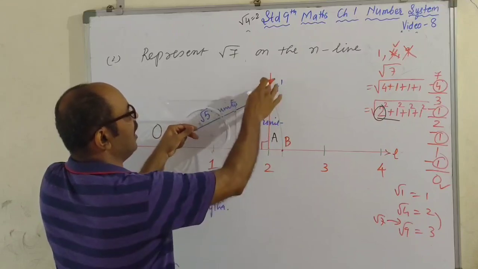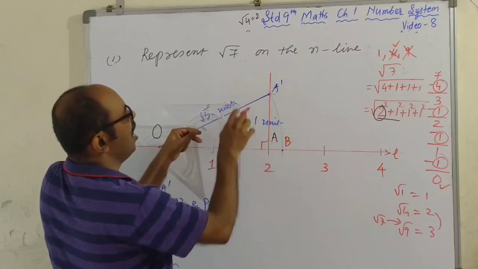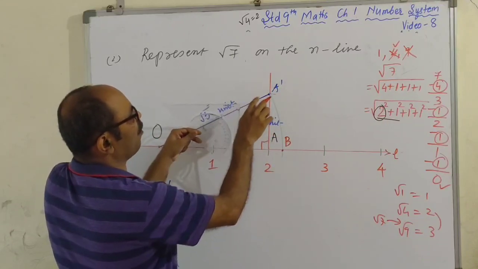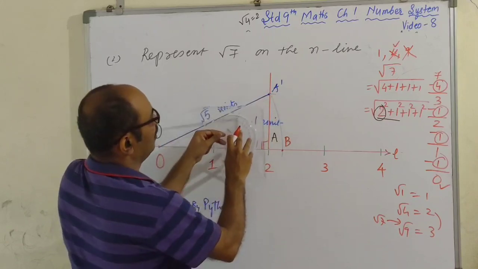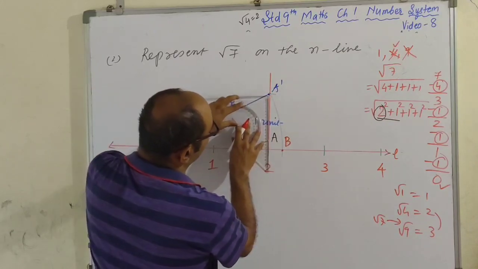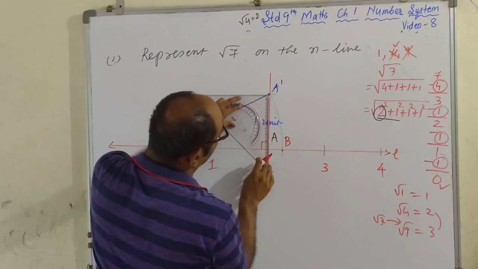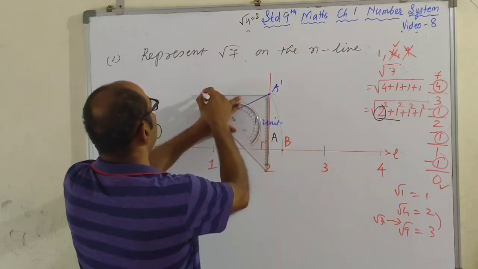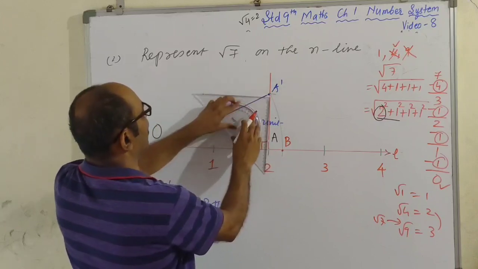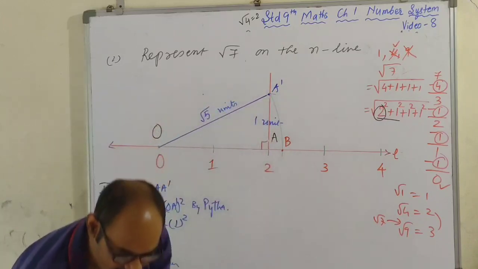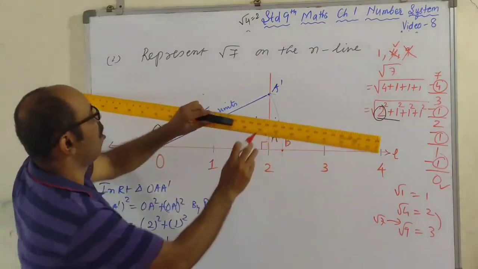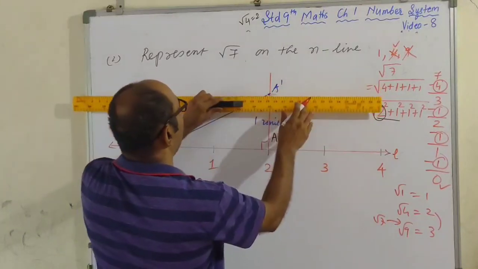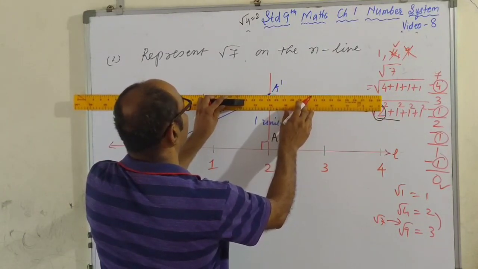One of the perpendicular edges will be along AA dash, and the vertex at which the right angle is formed will coincide with A. I'll do that very carefully, children. This is the point. I'm just placing a point. Got that? And then through this point and this point, I'll draw a line.